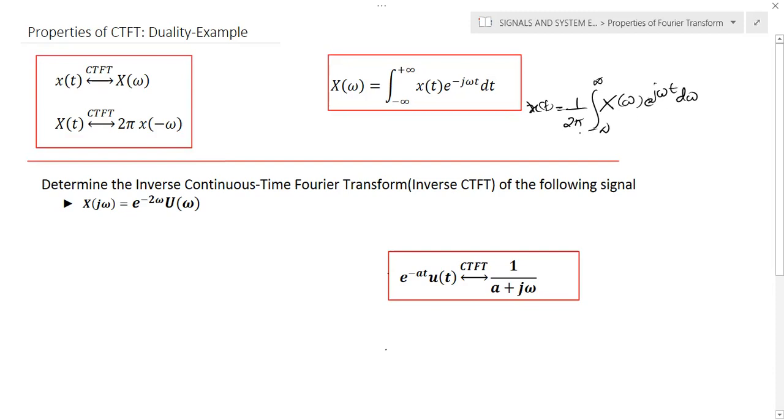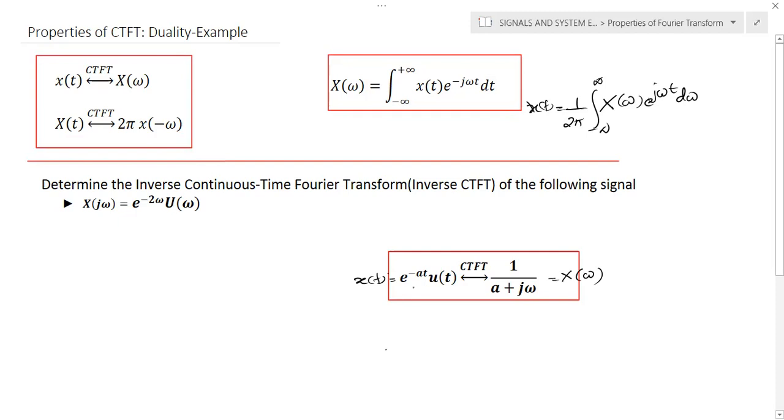So instead of using this particular equation, again I can use duality properties here. If you look at this particular question, assume that this is x of t, e raised to minus at into u of t, and this is x of omega. Now here the question is given like e raised to minus 2 omega into u of omega.